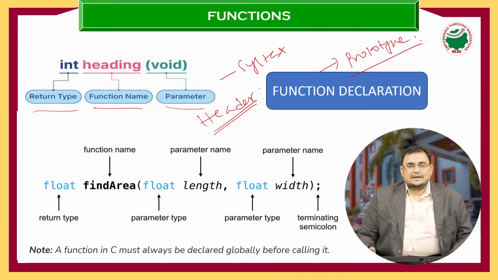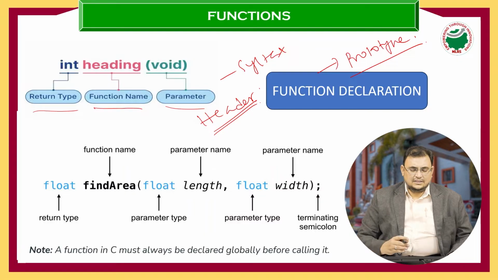So you are telling the compiler what return type the function has, what is the name of the function, and what are the parameters of the function, what type of parameters you are going to pass. All this information is given to the compiler. For example, with any variable declaration, you are telling the compiler the name of the variable, the purpose, the type, the address.